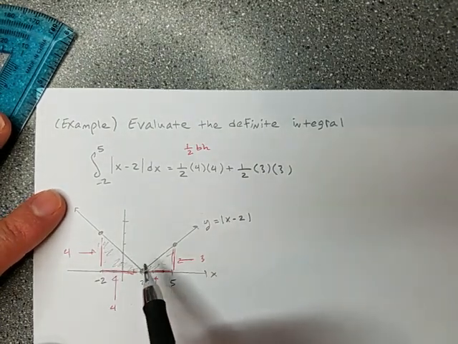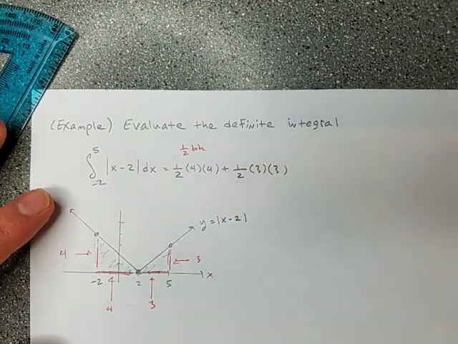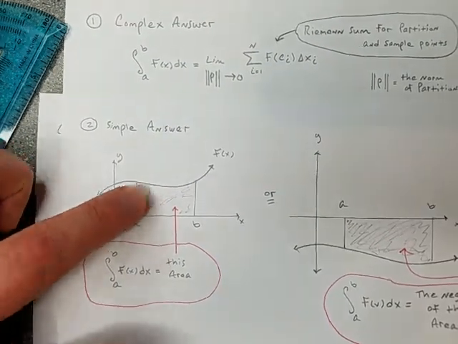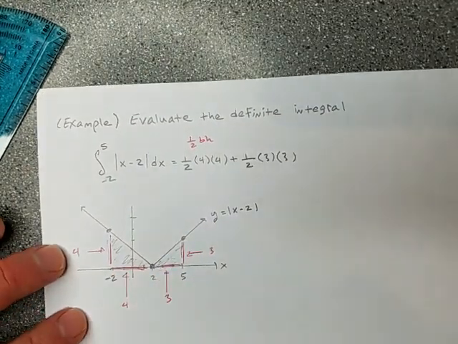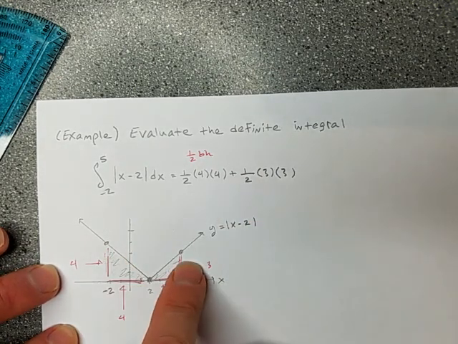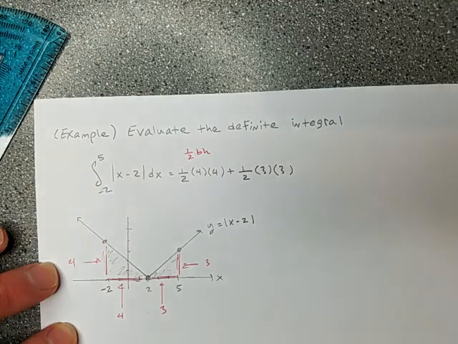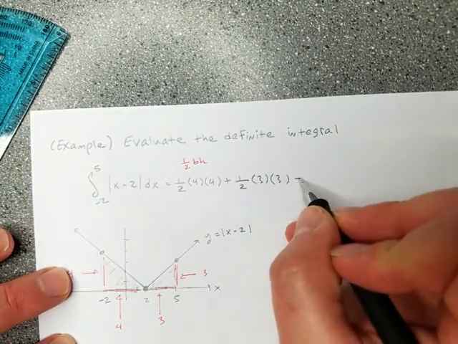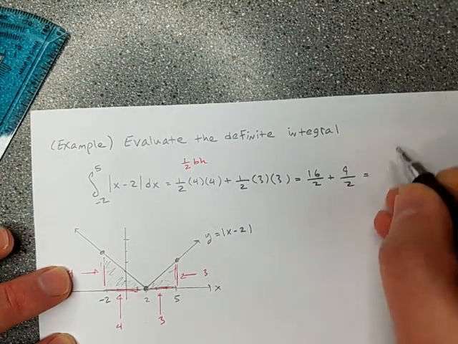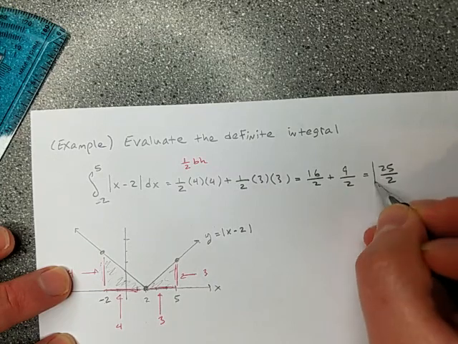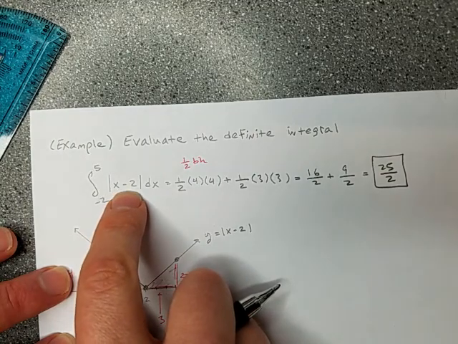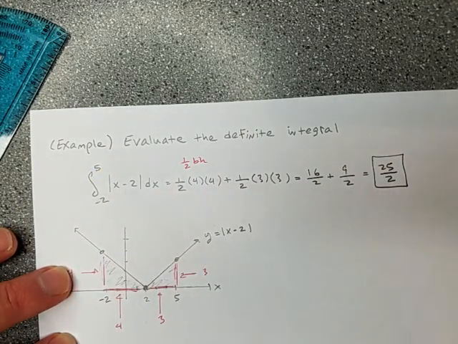So I'm seeing that whole area in terms of shapes that I'm familiar with, such as a triangle. That would measure the total area contained by that graph from -2 to 5 along the x-axis. So this is going to be 16/2 plus 9/2, which is 25/2. So there's your answer. The definite integral of the absolute value of x minus 2 from -2 to 5 is 25/2.